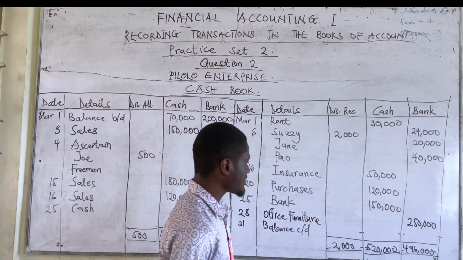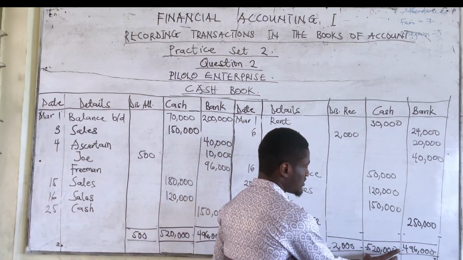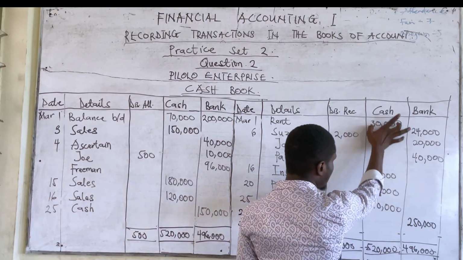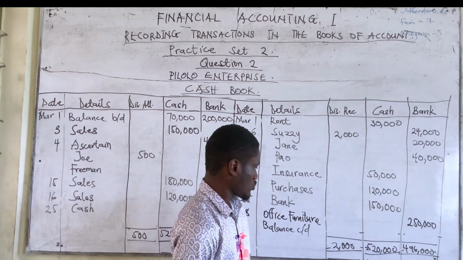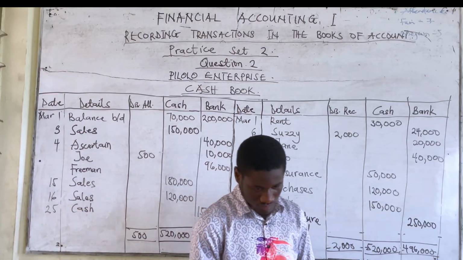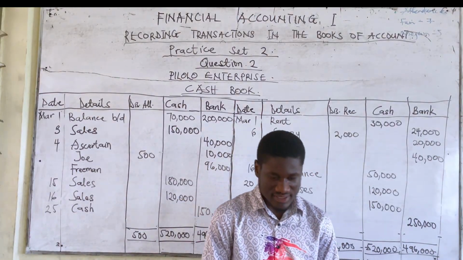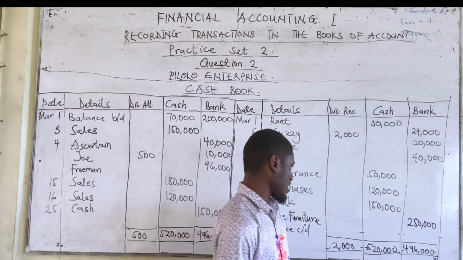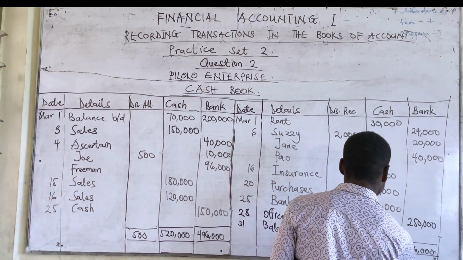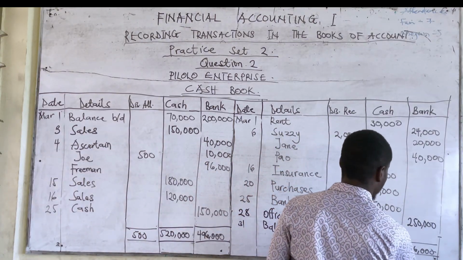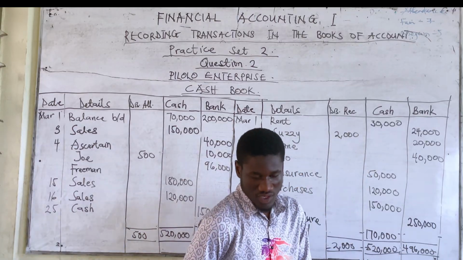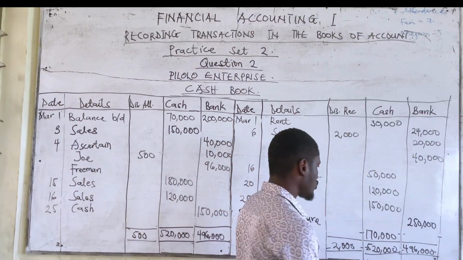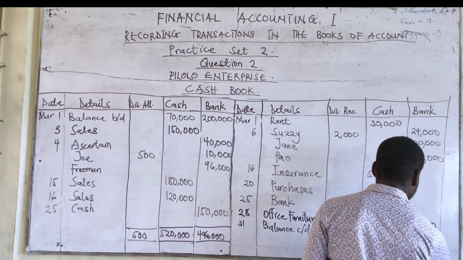So now our balance CD is going to be this minus the total of this. So we are going to have 170,000 for the cash. Then you are going to get 162,000 for the bank.